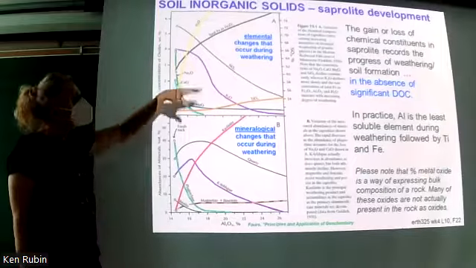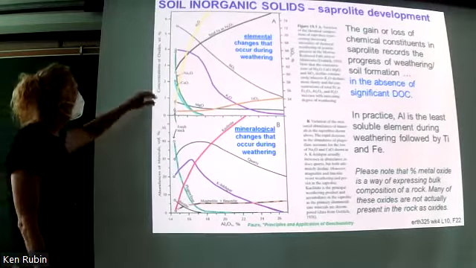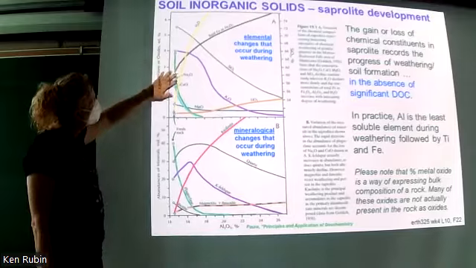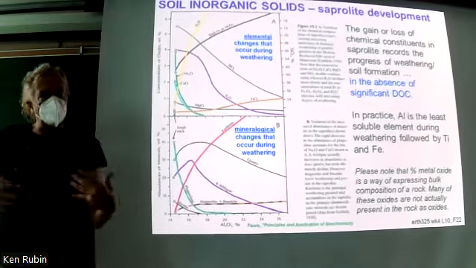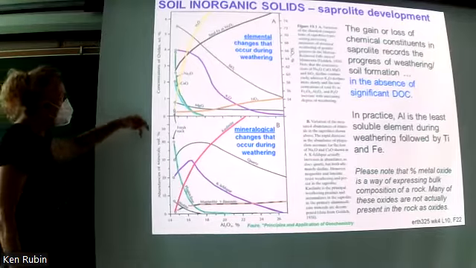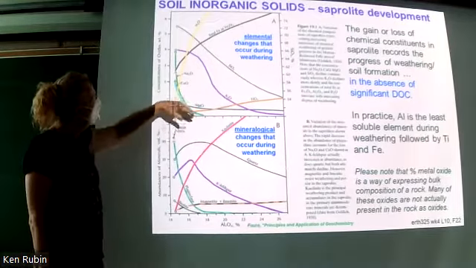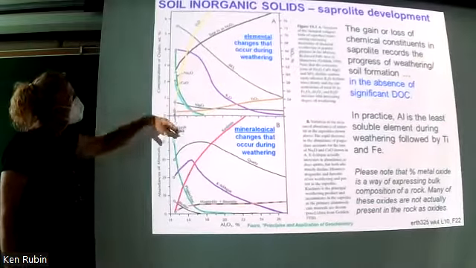And when we look at the chemicals associated with them in the solids, what we see is that some elements, like sodium and calcium, go down really fast. They get leached out of the soil. Some of them sit on the exchangeable cation sites, but mostly they're going through in the through-flowing water. So weathering removes these things, okay?